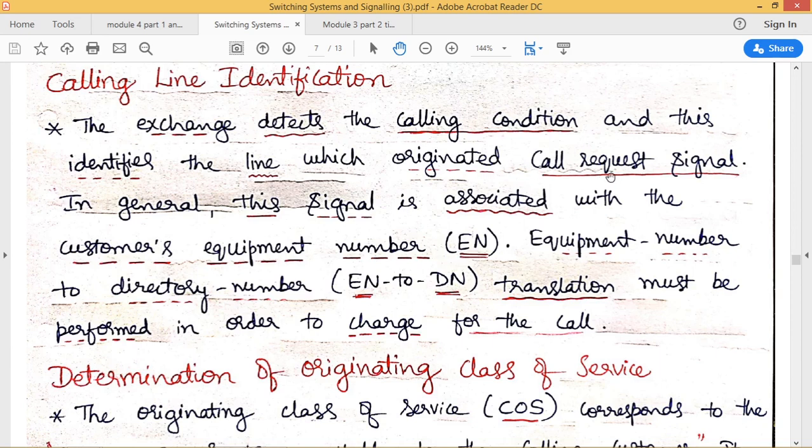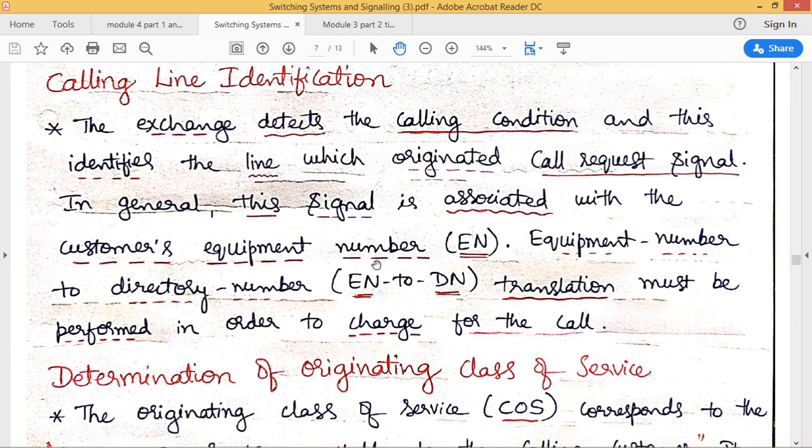So we know the call request signal is sent from the customer side by lifting his handset, and once this call request signal is received, the exchange must be able to see which customer has sent it. And of course this call request signal will also have an equipment number, we call it EN.